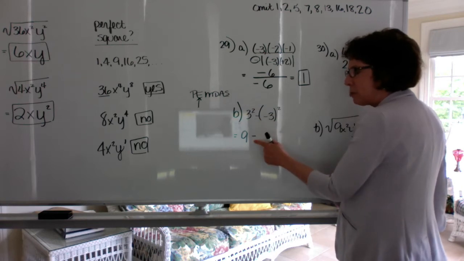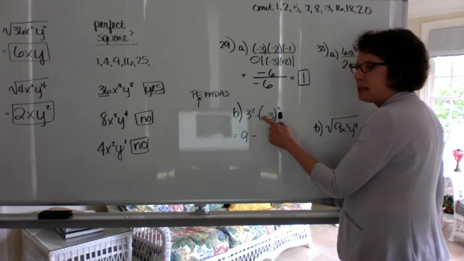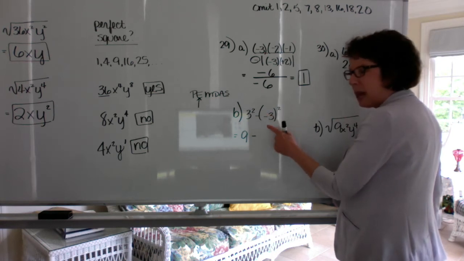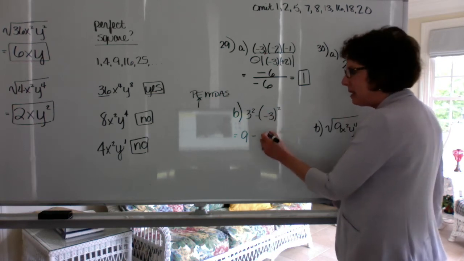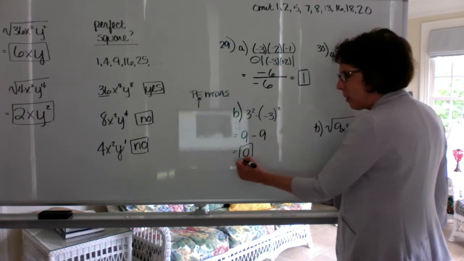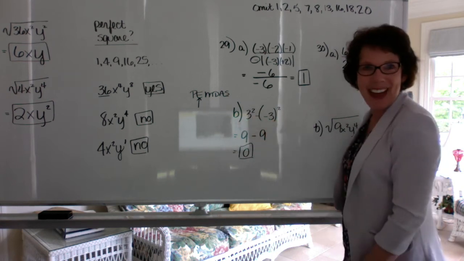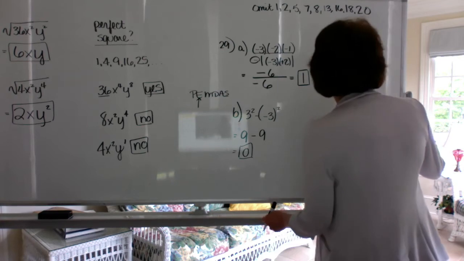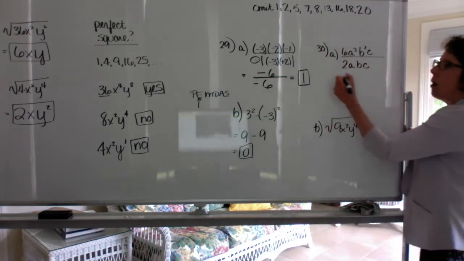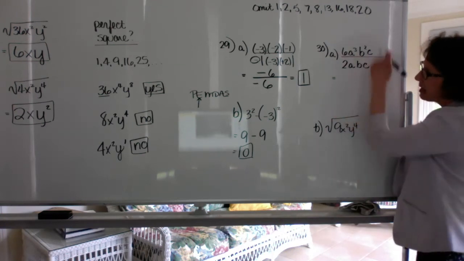So I'm going to leave the subtraction there, and negative 3 squared is negative 3 times negative 3. Well, negative 3 times negative 3 is 9, and so my answer is 0. 9 minus 9.